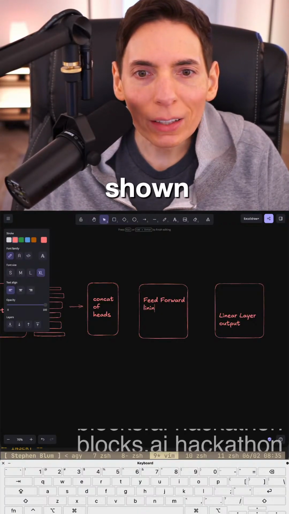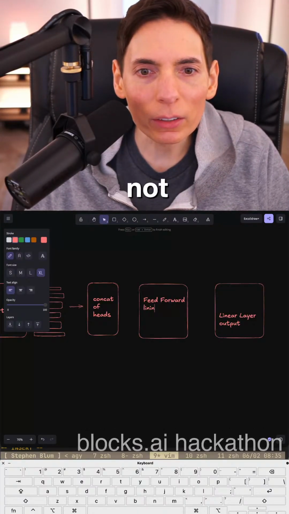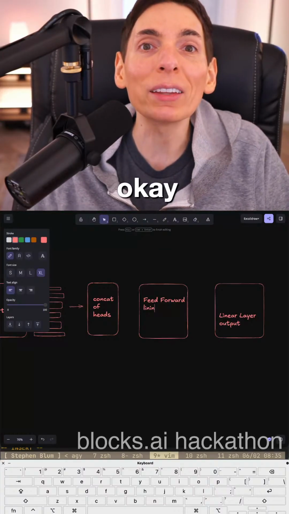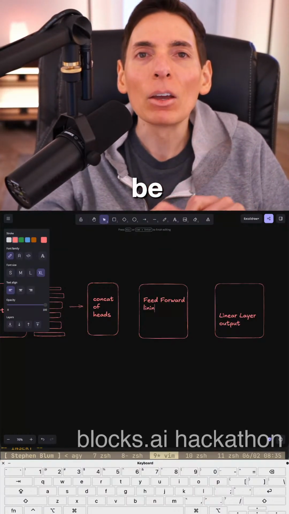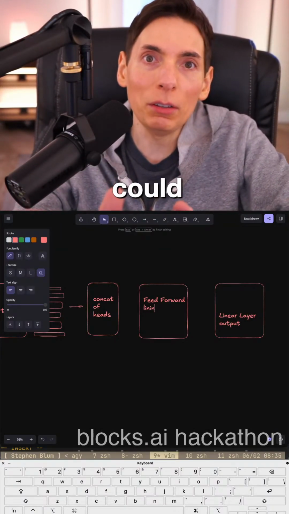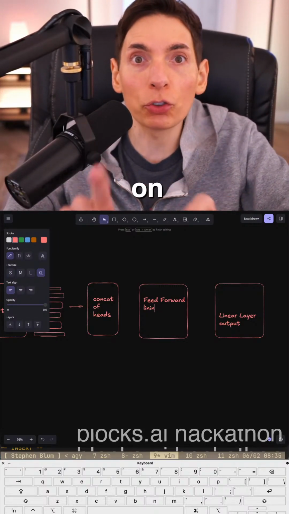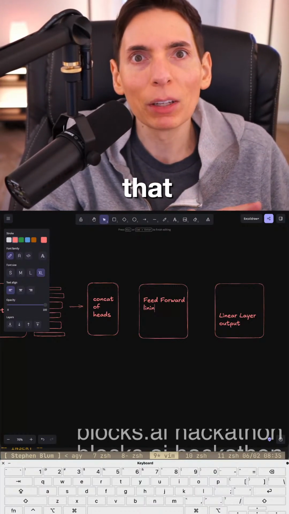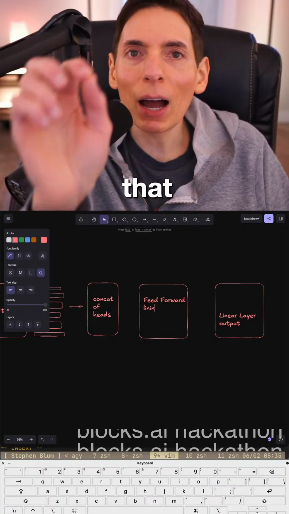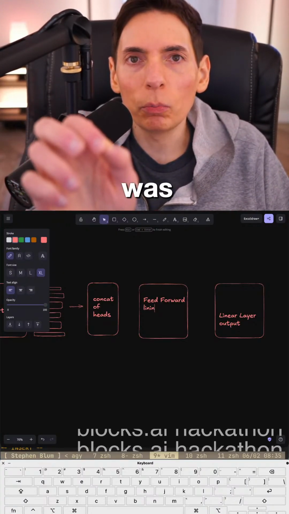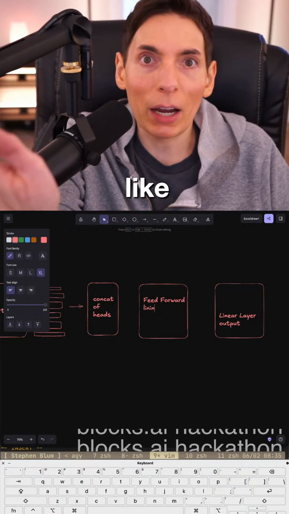He's shown it in simple Python, no external libs, not even NumPy. We could absolutely do that, because I've done it before on stream, on previous streams. One of the things I was missing out on was a framework like PyTorch.